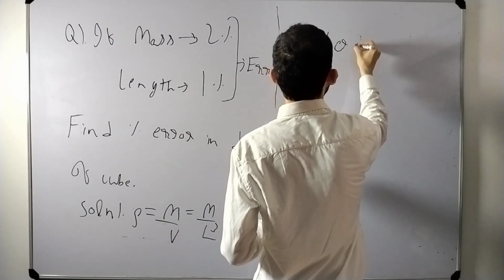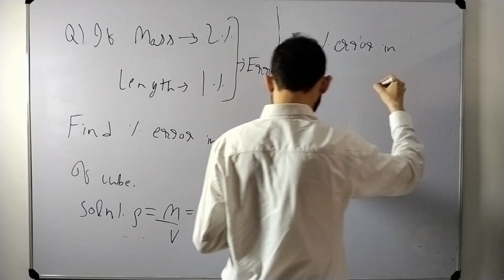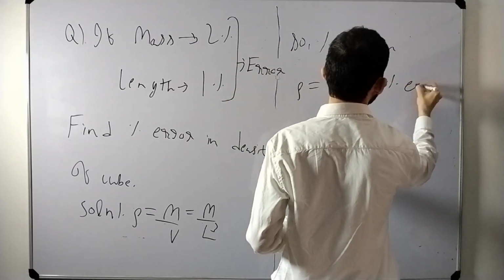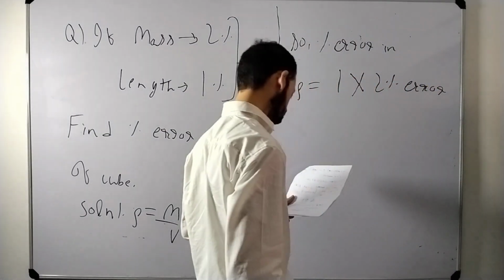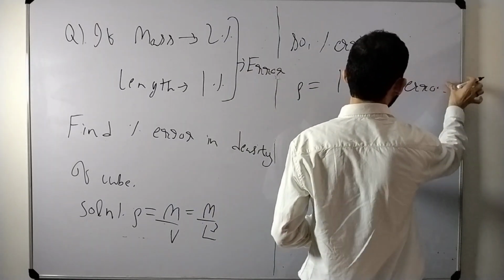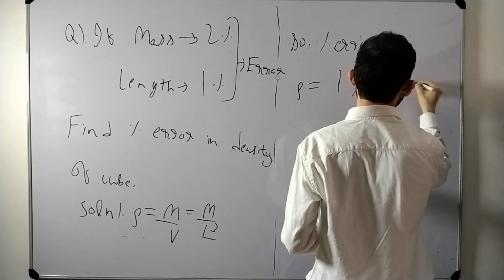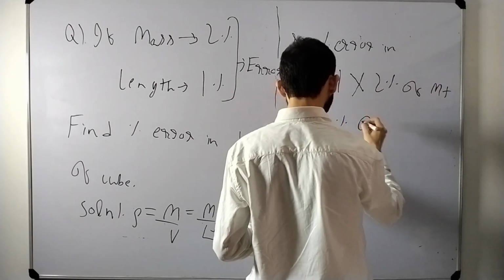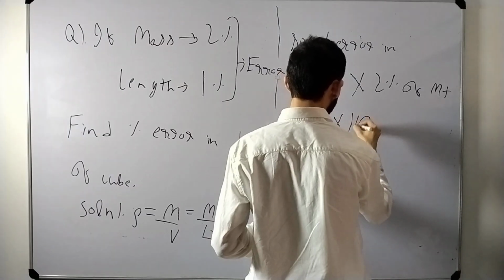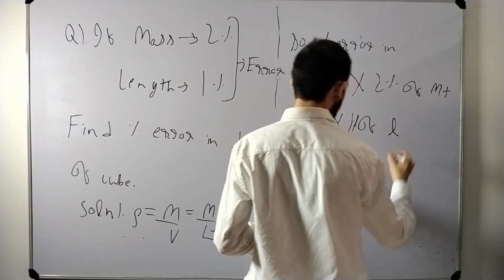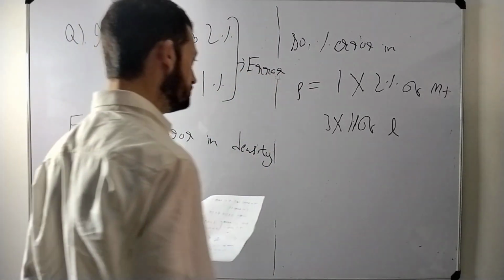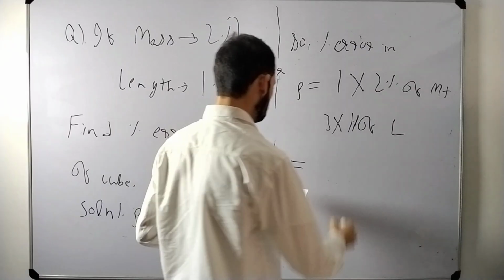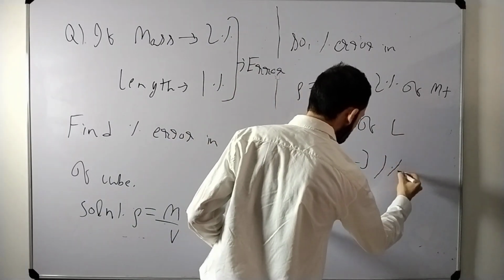So percentage error in rho is 1 into 2% of m, 3 into 1% of L, this makes 2 plus 3, and this makes 5%.